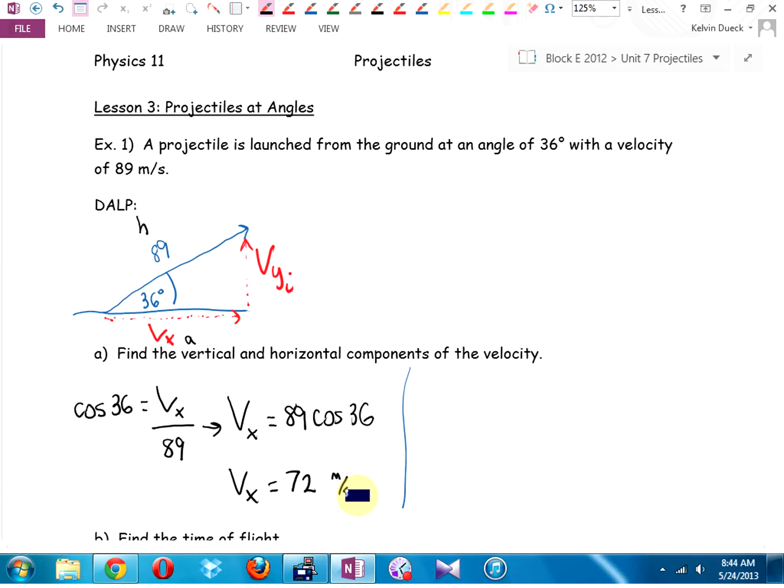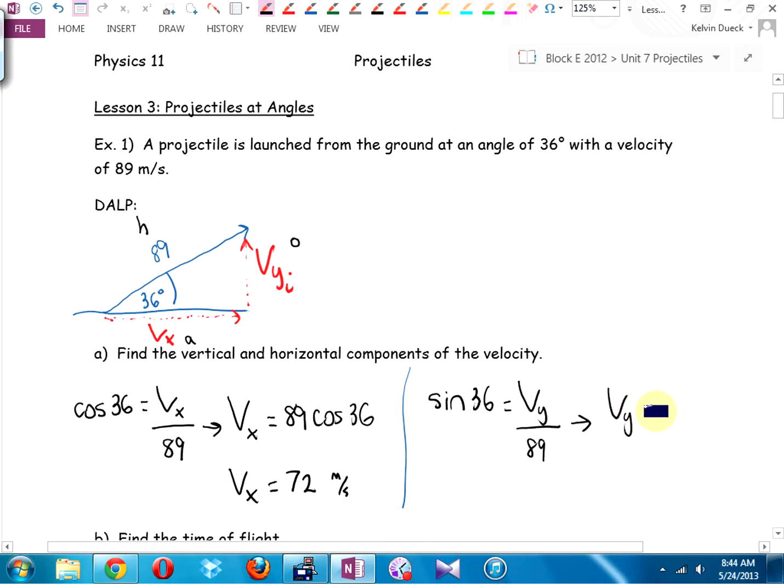Let's find the initial vertical component. I think this will be opposite. Which trig function will I use here? Sine. Sine 36 equals Vy over 89.